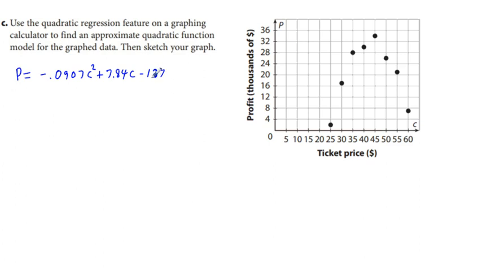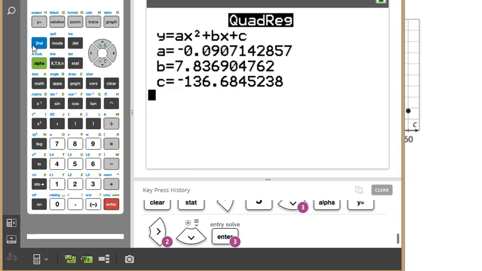You can do that, but first we're going to dimension it correctly. It looks like 0 to 60 on the x-axis and maybe 0 to 40 on the y. So let me go ahead and enter this.